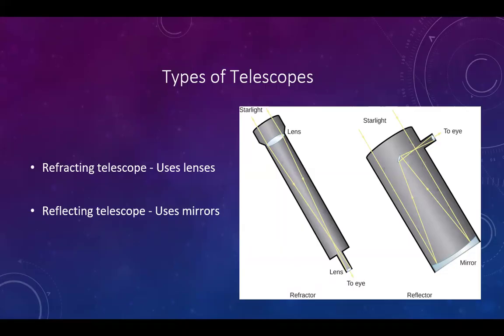Basically, they bend the light path so that they're effectively longer than their actual length. But if you use binoculars, those are effectively refracting telescopes. They use lenses, that's their primary thing. If you've used a zoom lens on your camera, or you've seen a telephoto lens, those are refracting telescopes.